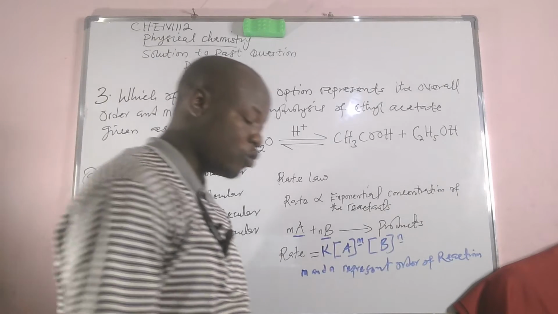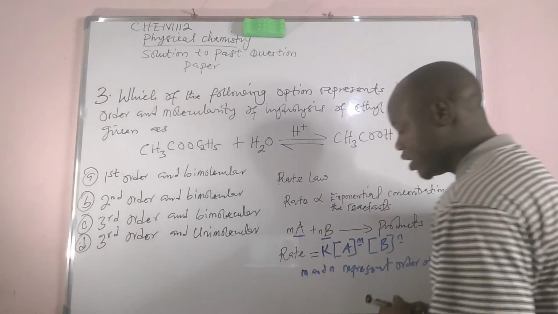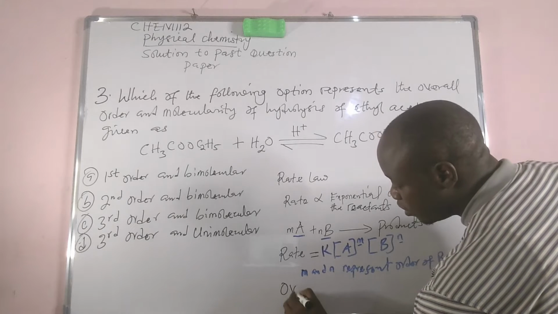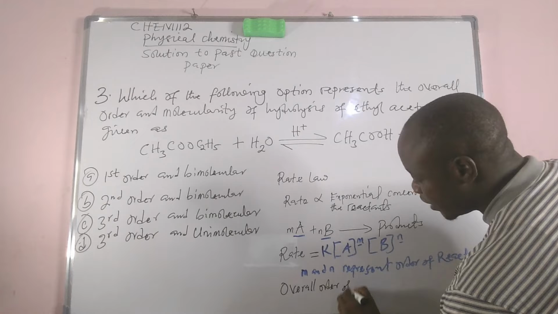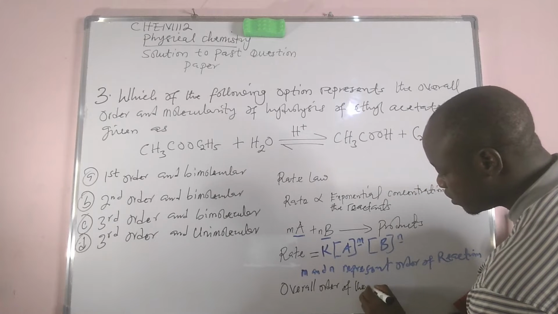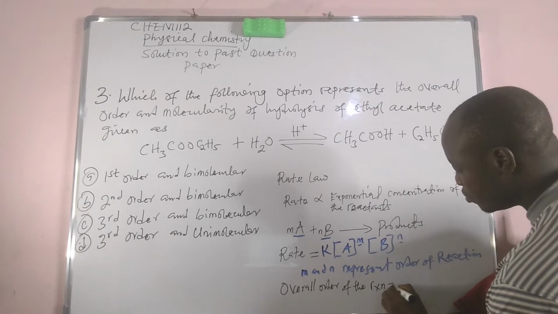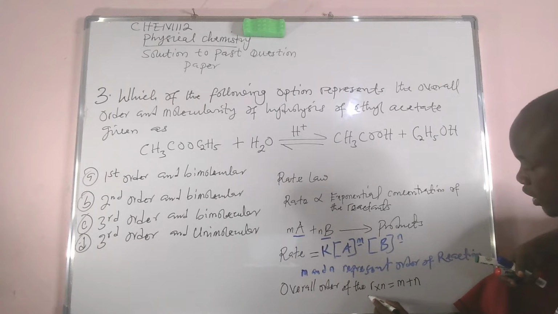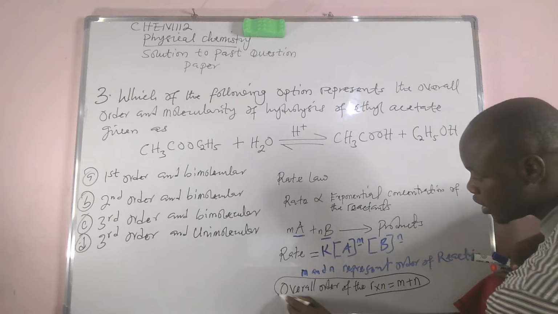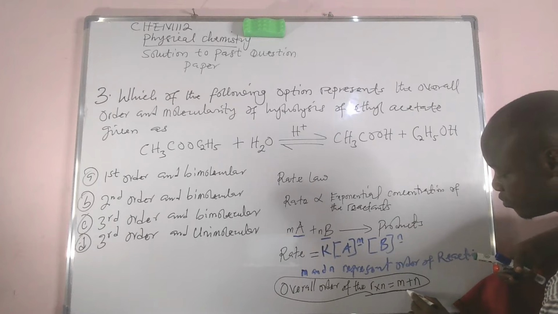So to get the overall order of the reaction, it is going to be M plus N. So M plus N is the overall order of the reaction.